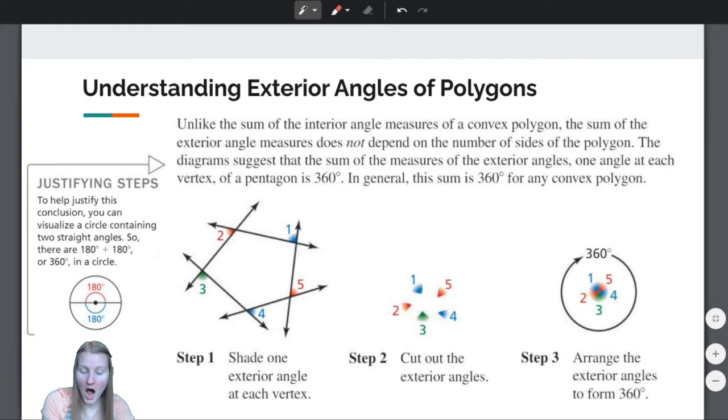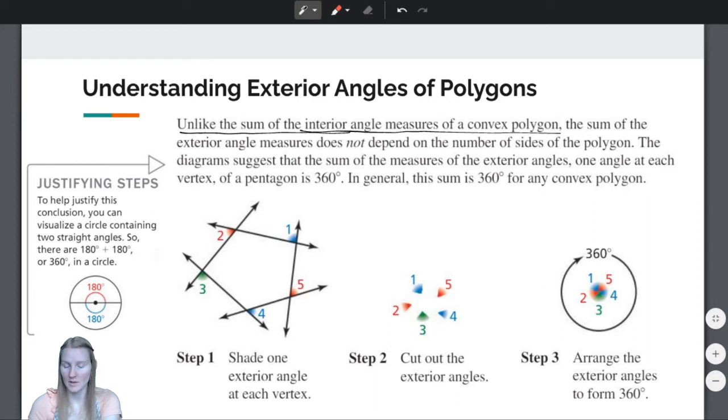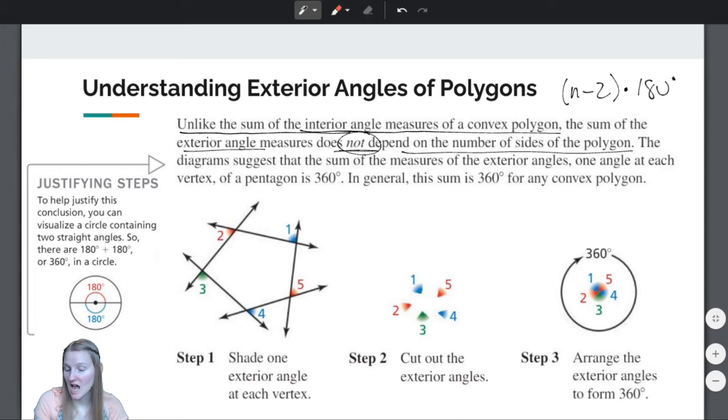So, unlike the sum of the interior angle measures of a convex polygon, the sum of the exterior angles does not depend on the number of sides. So the interior angles, we had n minus 2 times 180, and depending upon what n was, this answer was different.